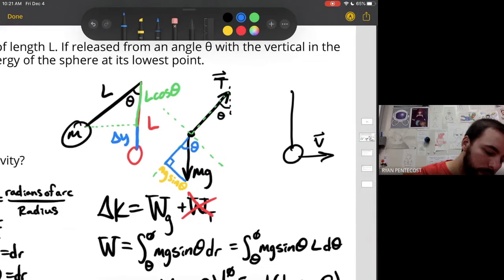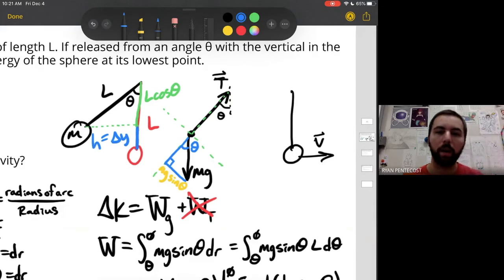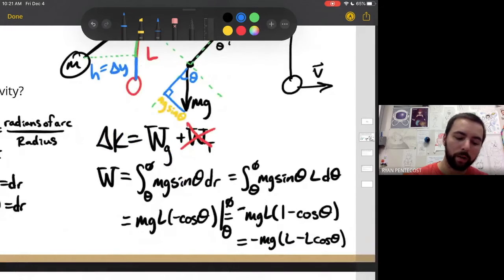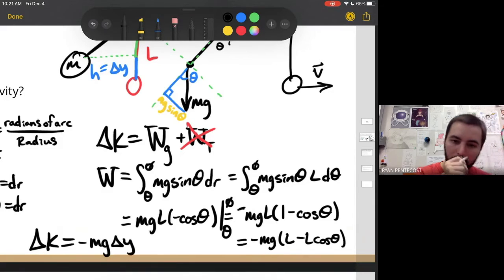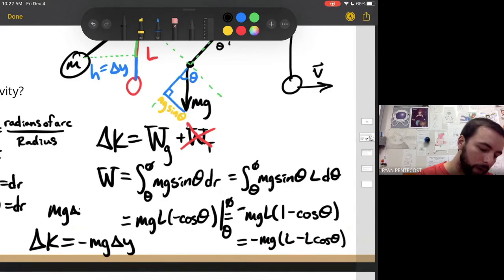This is basically the height change of your object. So if L minus L cosine theta is really the delta y of an object, you could say that the change in kinetic energy, which is what we're solving for, equals negative mg delta y. And this is something we'll get into later on in this chapter, but mg delta y equals gravitational potential energy.